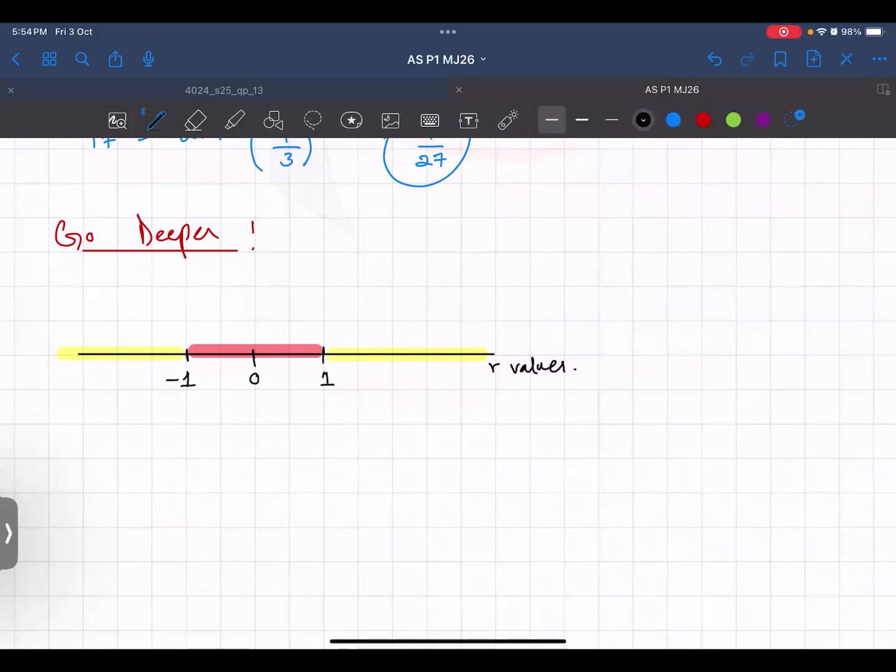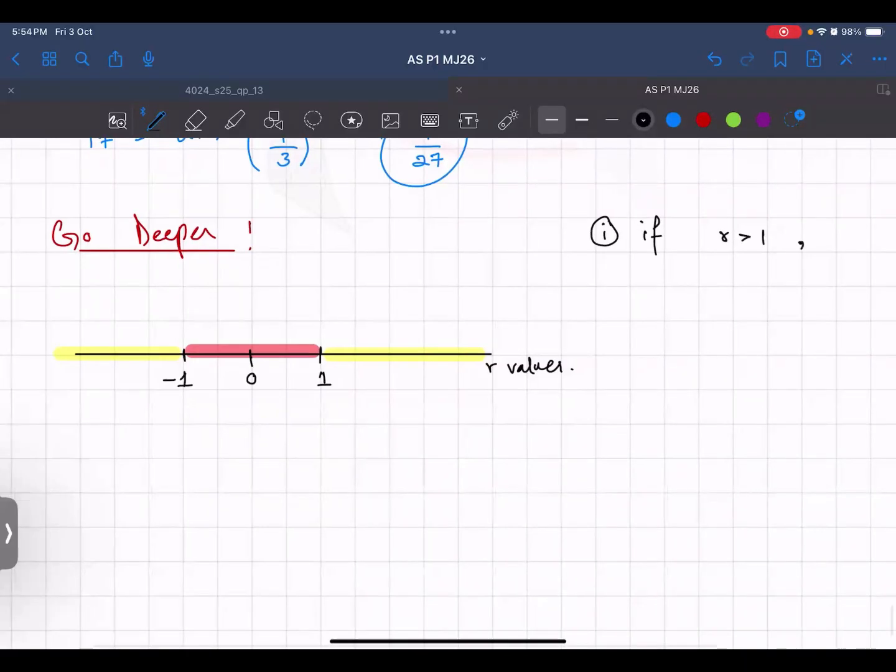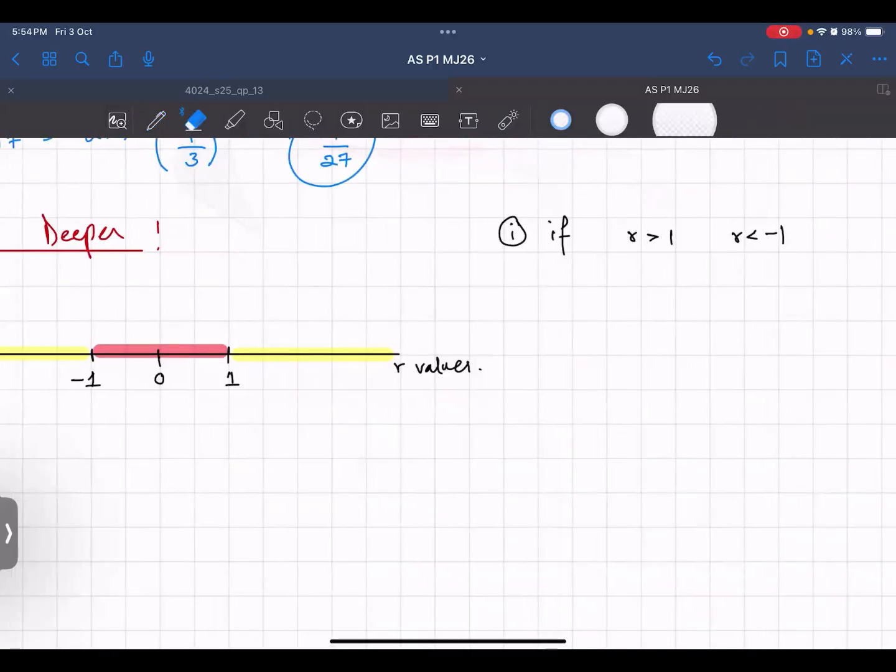Now in the first case, if R is more than 1 or if R is less than -1, in both of these cases, the sequence is divergent.